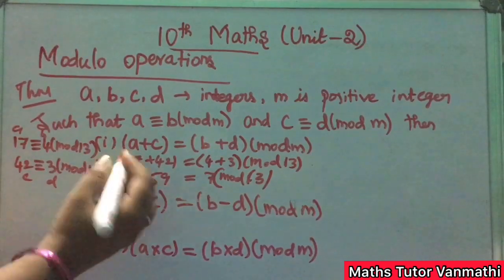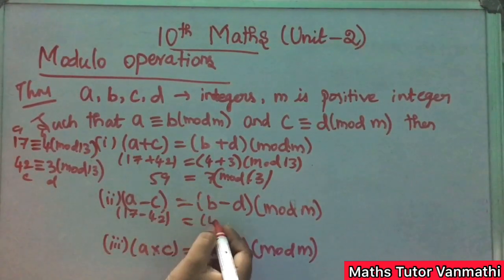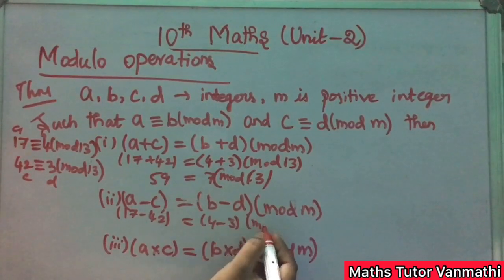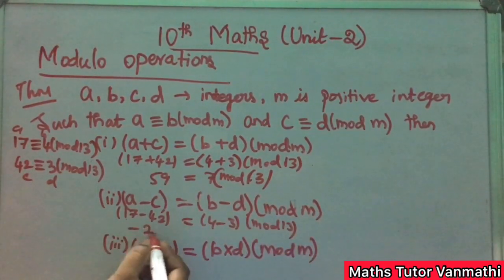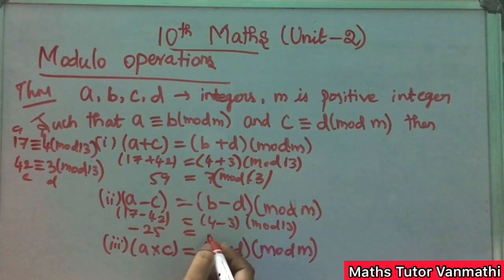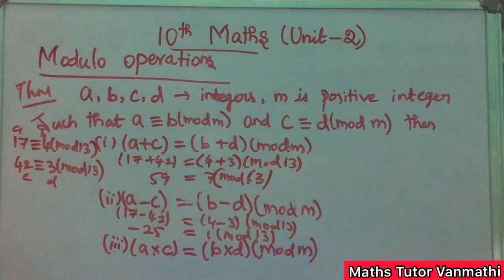Next, a minus c. Similarly, 17 minus 42 equal to 4 minus 3 mod 13. You will get 17 minus 42 is minus 25. Minus 25 equal to 1 mod 13. Clear? Next is your multiplication operation. 17 into 42 is 714.